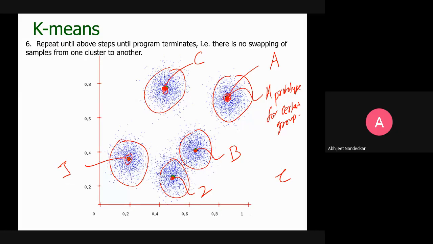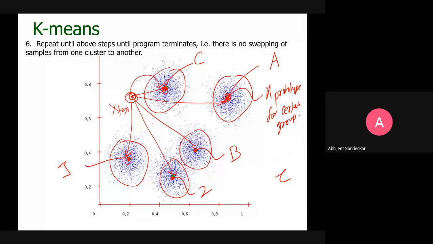Maybe this is where this sample is. Then you will find the distance with this group, with this group, with this. All centroids you will take into account, and then you will say that this input X test belongs to this group C, which is the closest one.